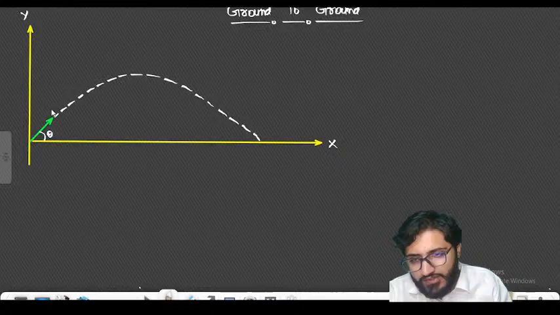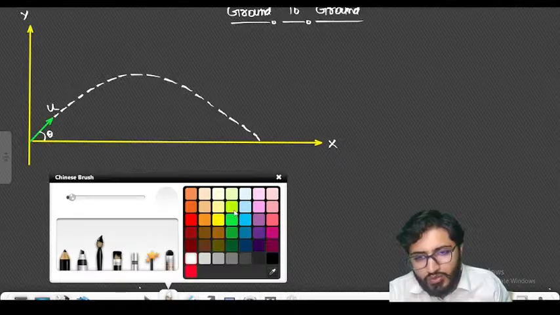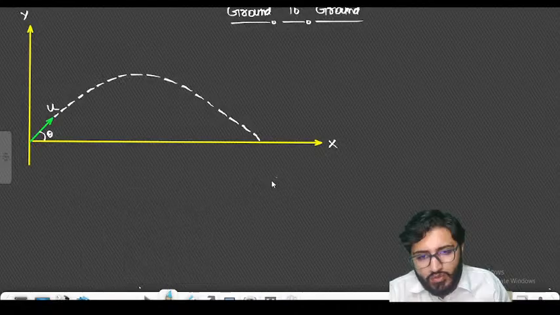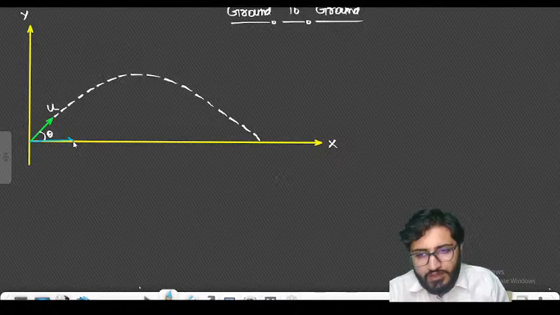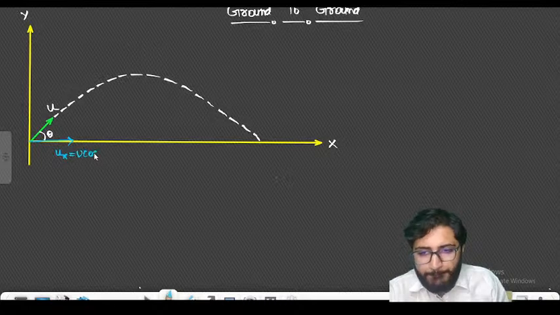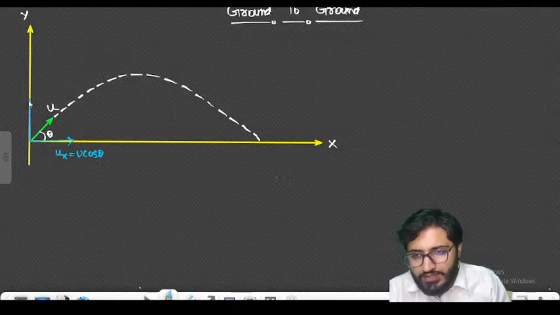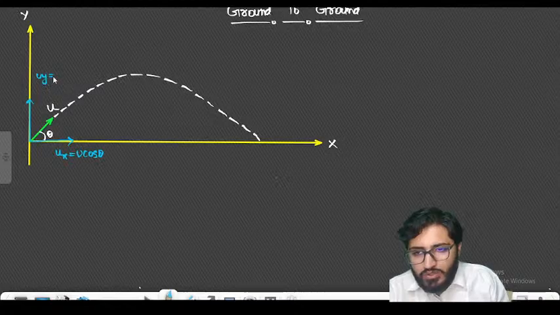The velocity by which we are projecting the particle is known as u, and we know that this u is divided into two parts: one in the x-axis, known as ux, which equals u cos theta, and one in the y-axis, so I will write here uy, which means u sin theta.